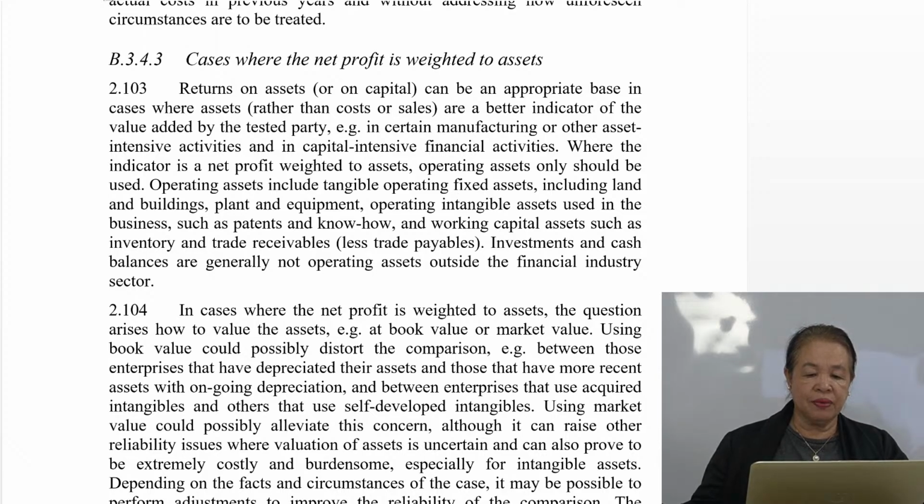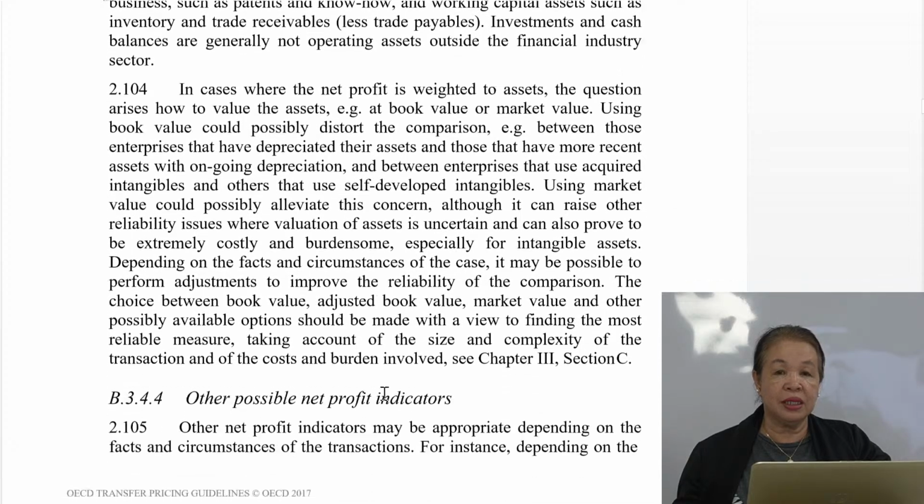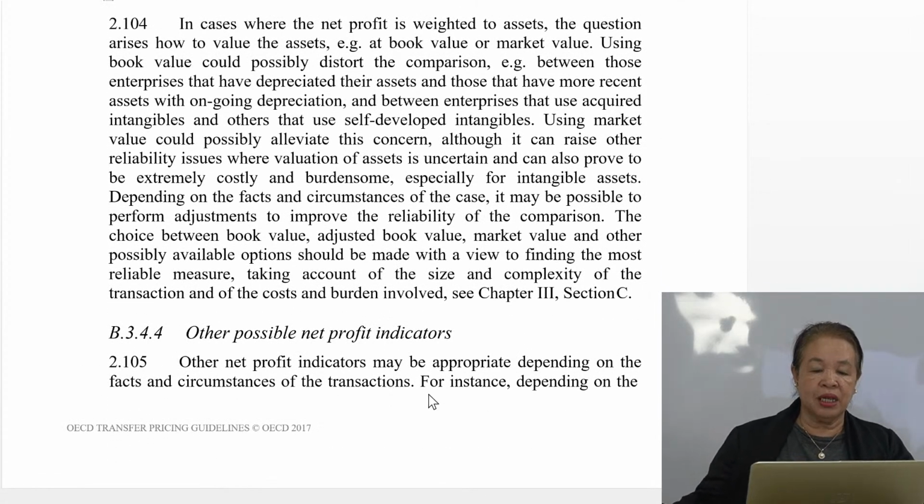Using market value could possibly alleviate this concern, although it can raise other reliability issues where valuation of assets is uncertain and can also prove to be extremely costly and burdensome, especially for intangible assets.